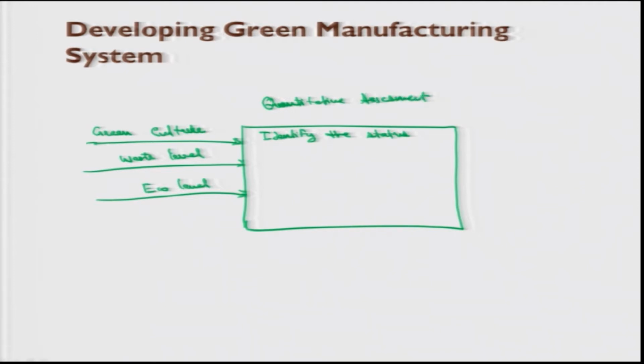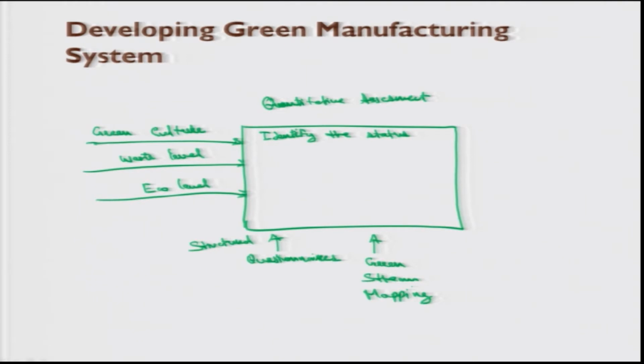And how can we have this quantitative assessment for my overall manufacturing concern? We can have structured questionnaires. Then we can have green stream mapping. This is very similar to value stream mapping.